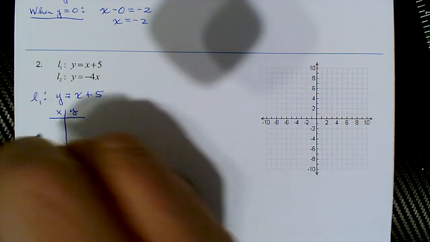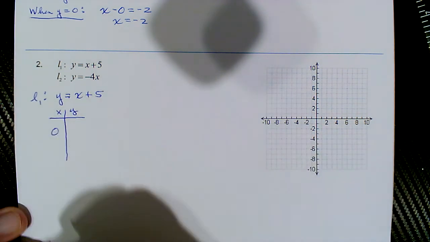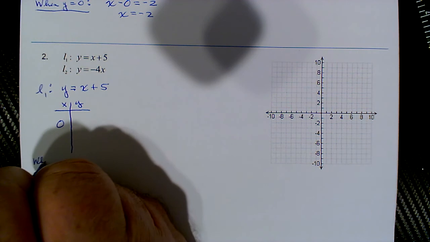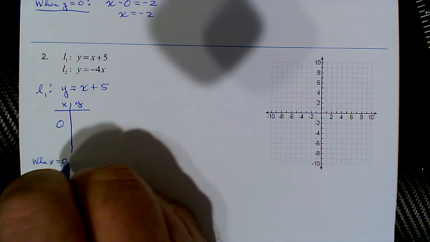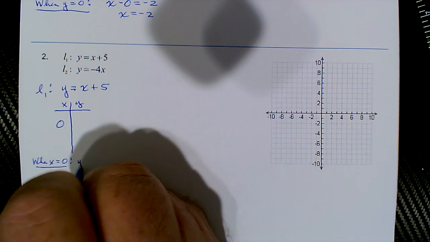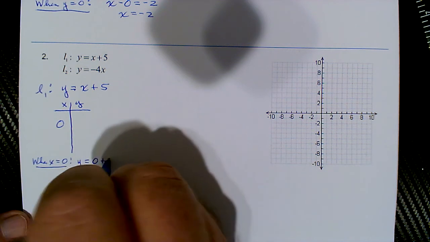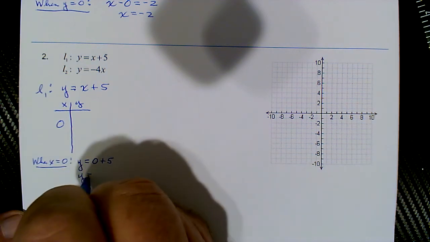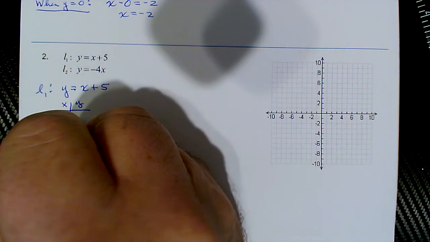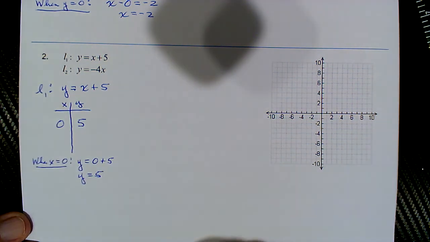Because all you need is 2 points, and one of them always we're going to choose 0 for x, right? So when x is 0, we get y equals 0 plus 5, where y is 5. So that was easy enough.